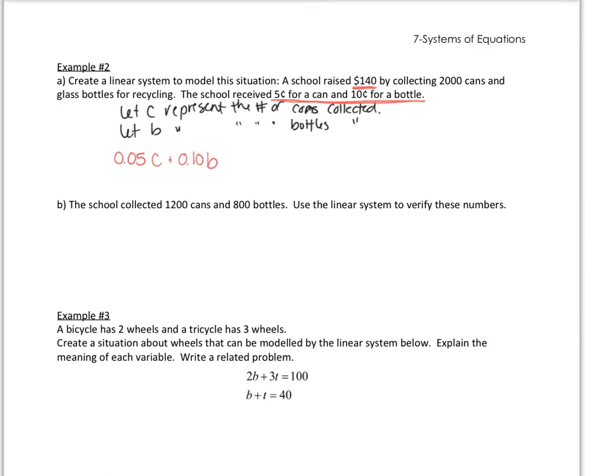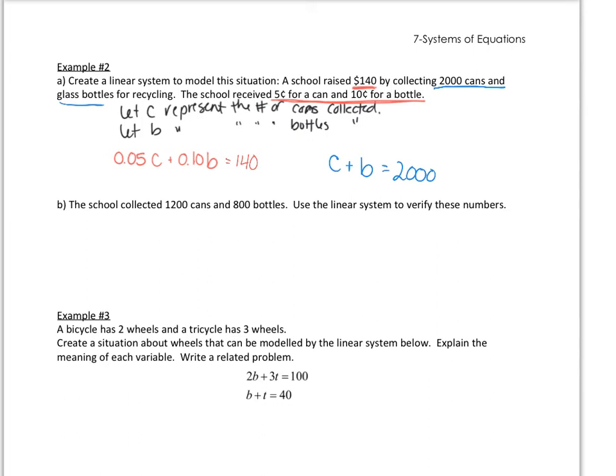And when we multiply the number of cans by the amount we get per can and the number of bottles by the amount we get per bottle, they raised $140. Then they collected 2,000 cans and bottles. That means that the number of cans plus the number of bottles equals 2,000.